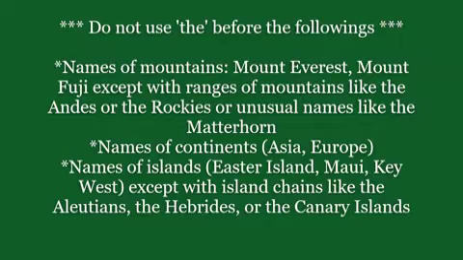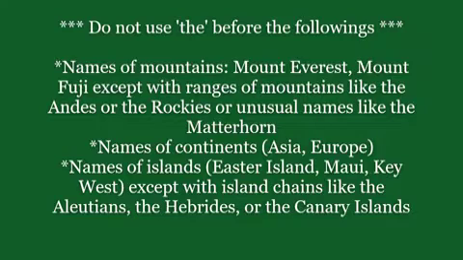That means we will not use the article the before the mountains, except some mountains which come under exceptions, and we will use the before the mountains like the Andes or the Rockies, or unusual names like the Matterhorn.